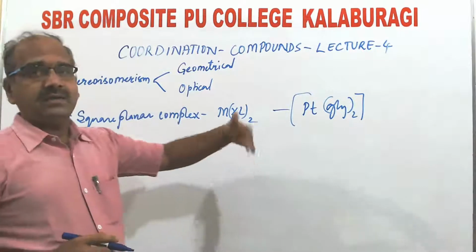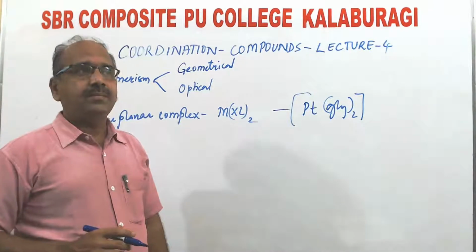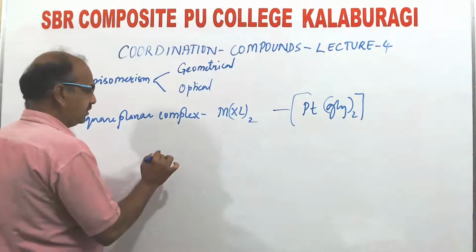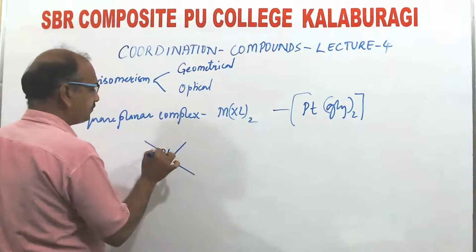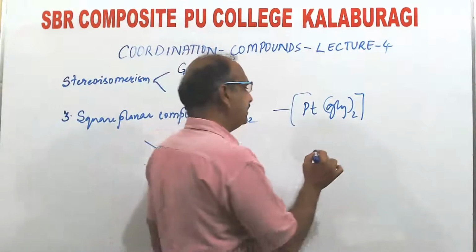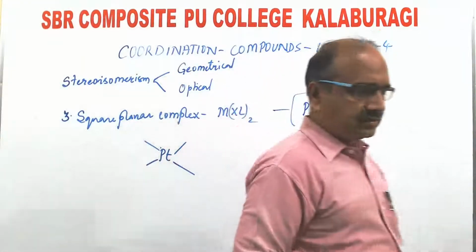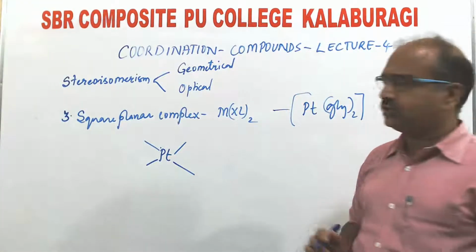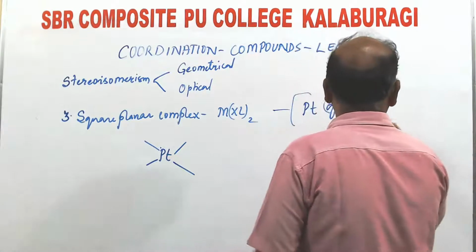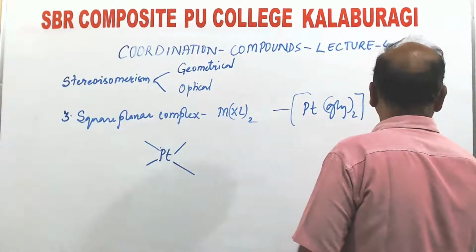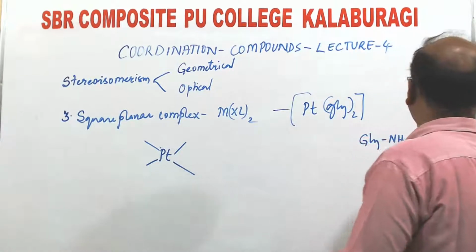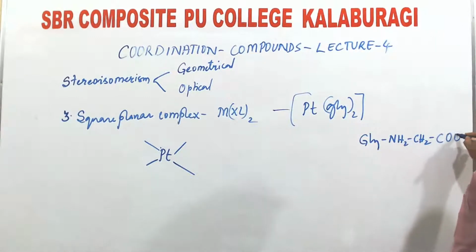So bidentate wherein two donating pairs are present. So platinum at the center. Now what is glycinate? Glycinate you have NH2CH2COO.